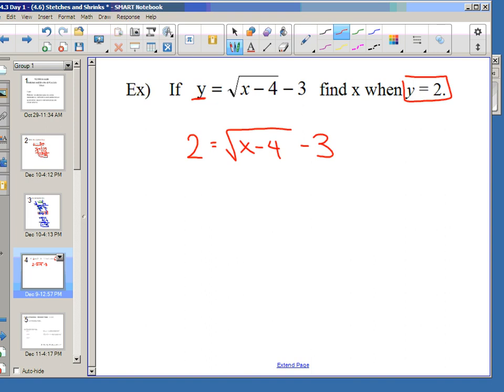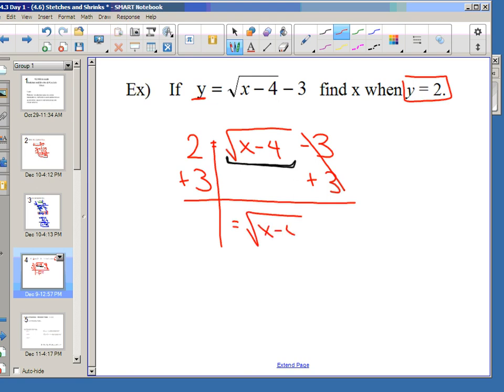Once again, we want to get what's underneath the square root by itself. So in this case, we have this x minus 4. We're trying to get it all alone. So that means we need to add 3 to both sides. Our 3's cancel here, and it leaves us with root x minus 4. And 2 plus 3 is 5.